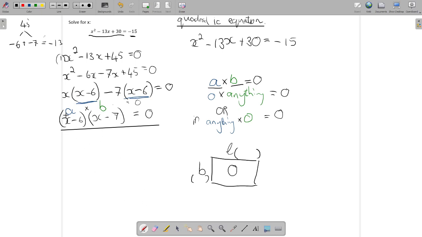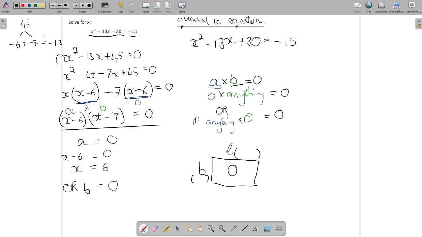If a is equal to 0, or if b is equal to 0. Do you notice that we actually have two answers here? This is going to make sense when we work with the parabola. Right now it might make very little sense. So let's see. If a is 0, that means that x minus 6 is equal to 0, so x is equal to 6.